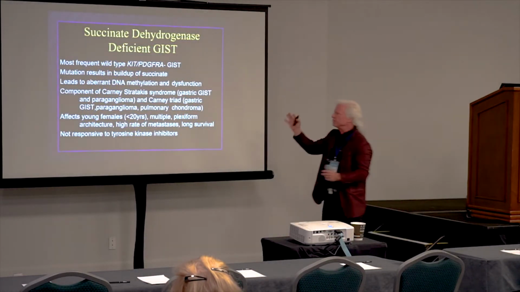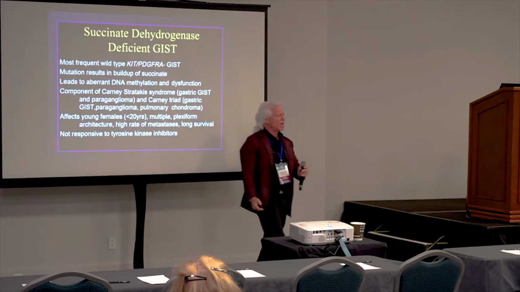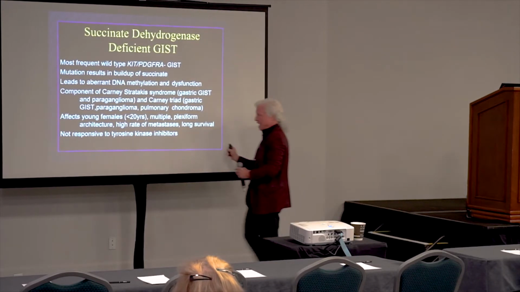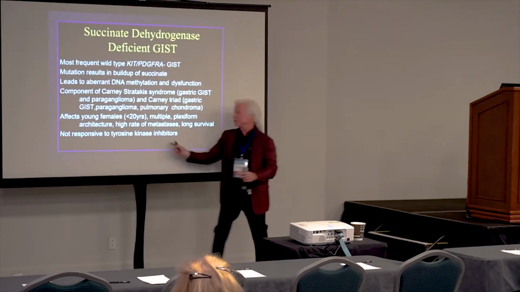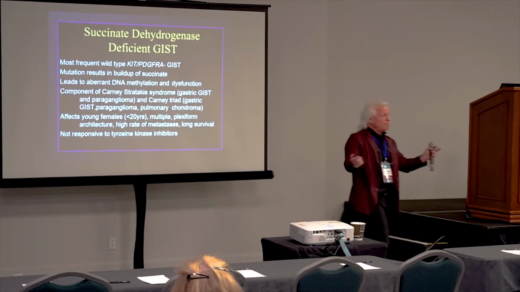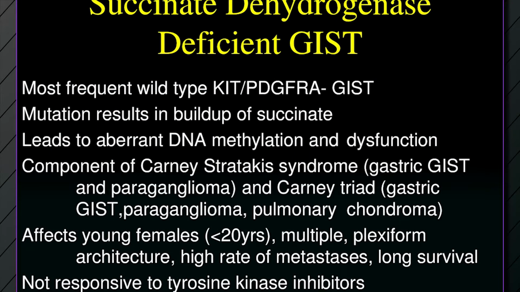And there are a variety of different aspects that are related to the SDH deficient GIST. And importantly, as you see here, they're not responsive to tyrosine kinase inhibitors, and people are actively trying to identify what kind of therapies conceivably could be used to treat these patients.